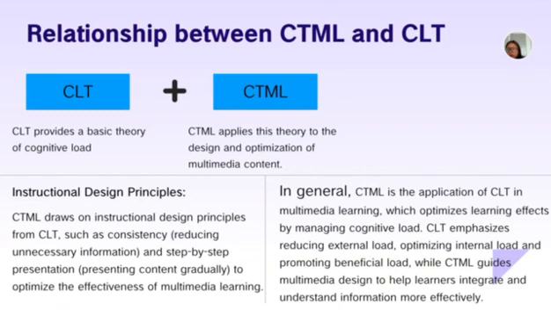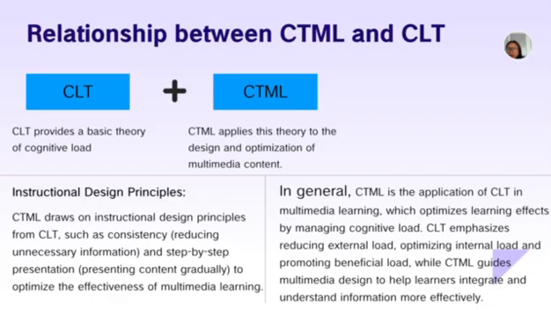Next, CTML is a specific application of CLT in multimedia learning. It focuses on how to reduce students' cognitive burden and help students better understand and integrate information through effective multimedia design, such as a reasonable combination of text, pictures, and audio.